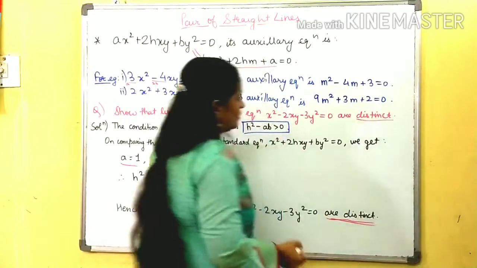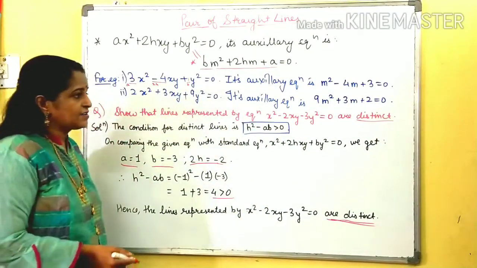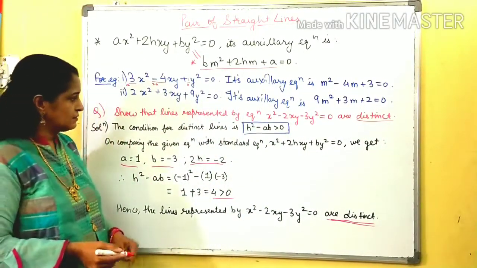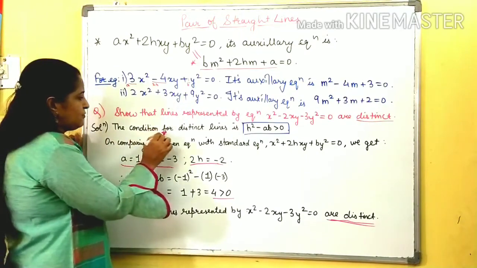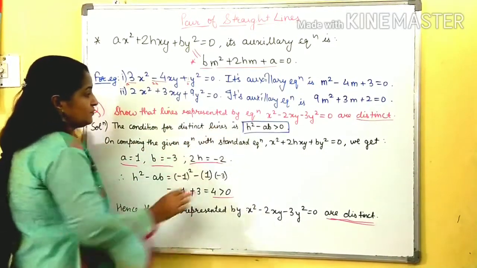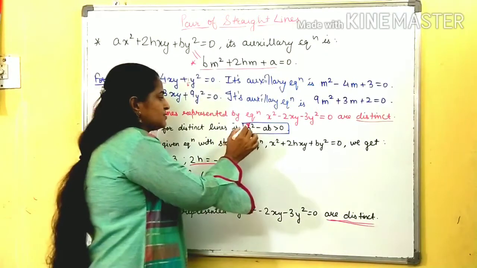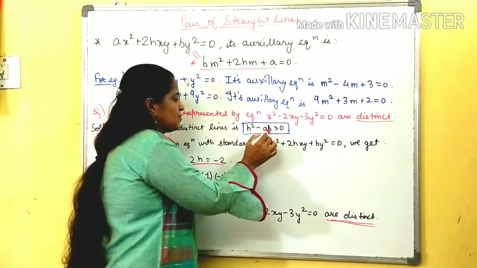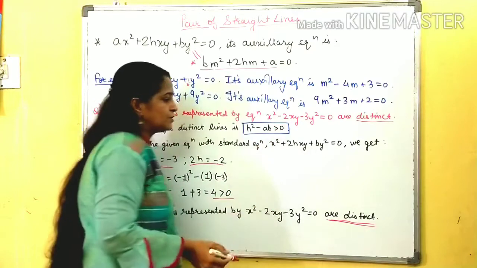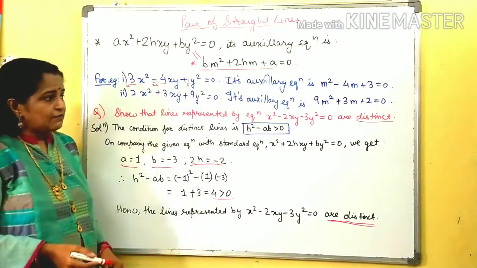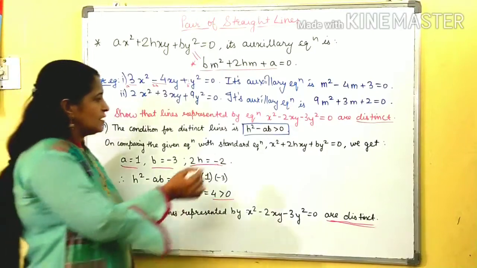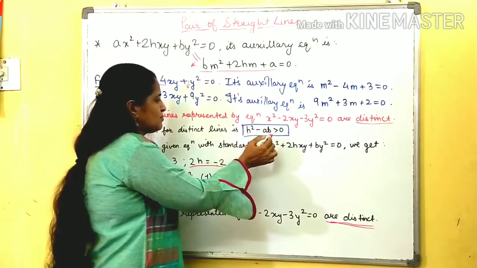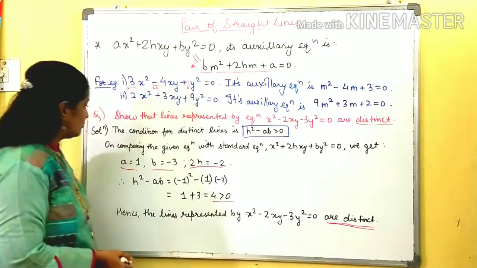Here you can find the condition for distinct lines. What is your condition? The condition for distinct line is h square minus ab greater than 0. For distinct lines, you have main condition as h square minus ab is greater than 0.